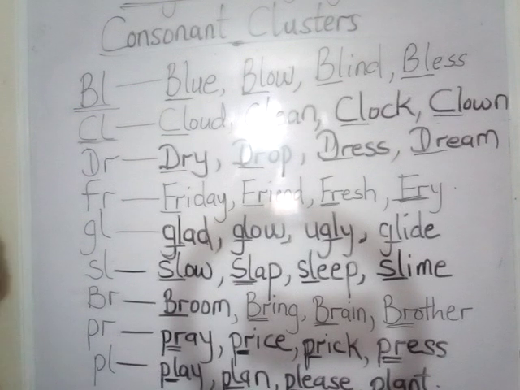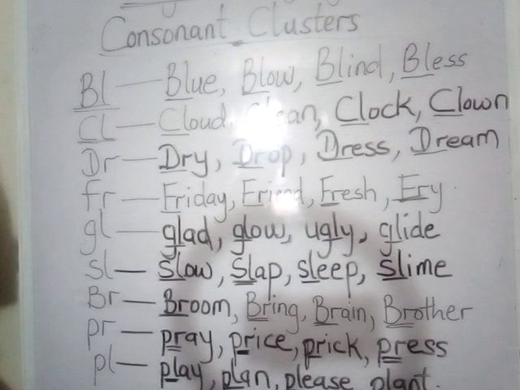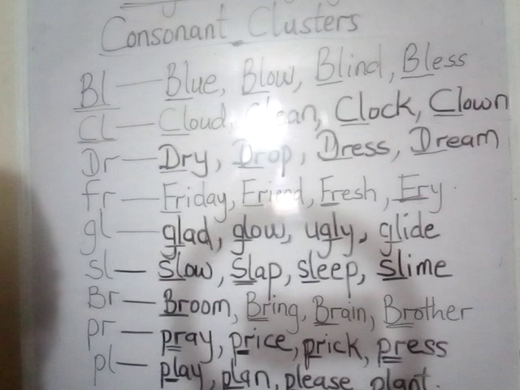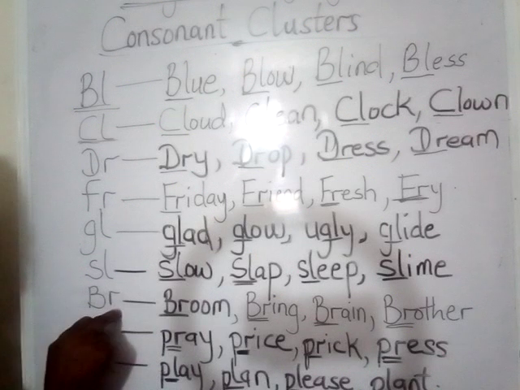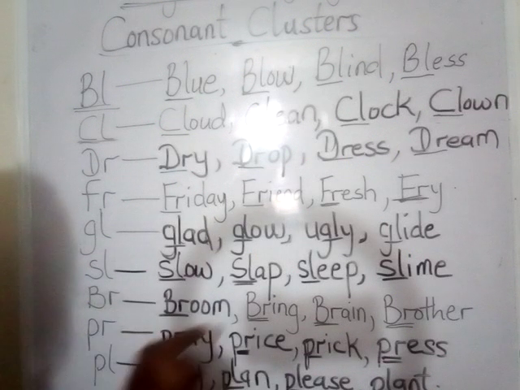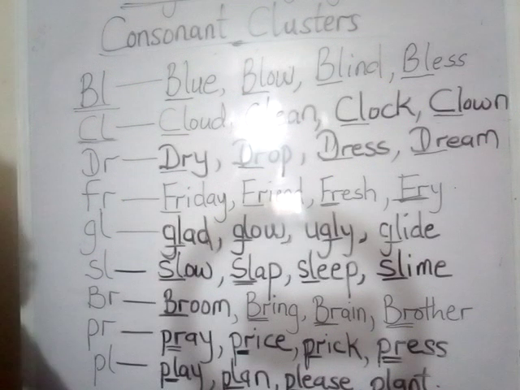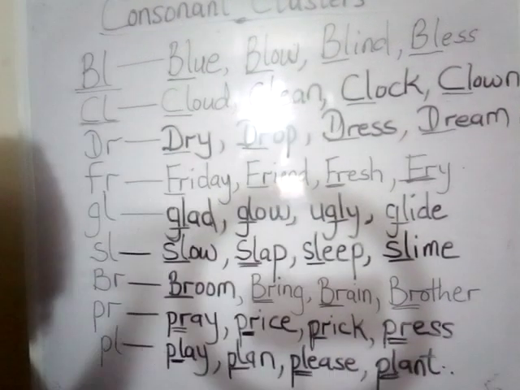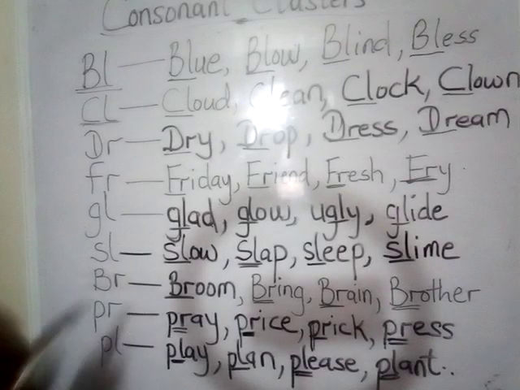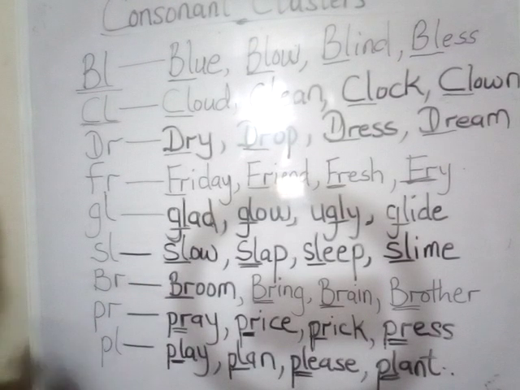But the difference is that when it is a digraph and two consonants are combined, they don't retain their sound. You will not hear the original sounds of b and r as you have in broom. If it's a digraph, their sound will change completely. You will not hear their former sound again. The individual sounds of the consonants that join together will be totally changed.